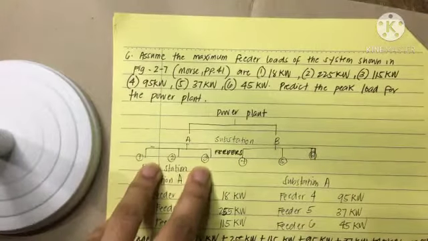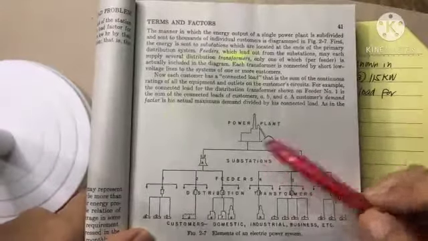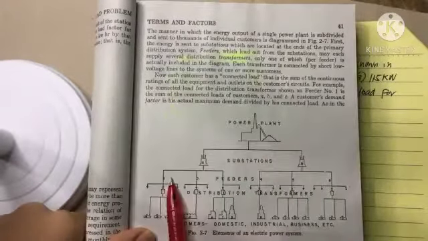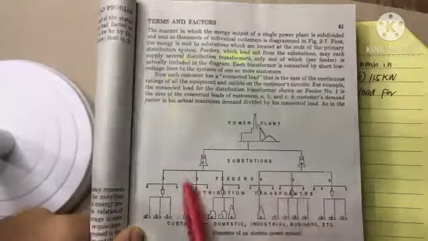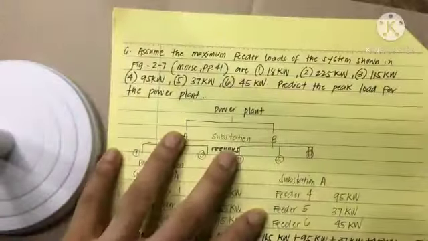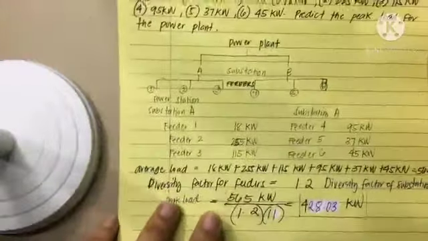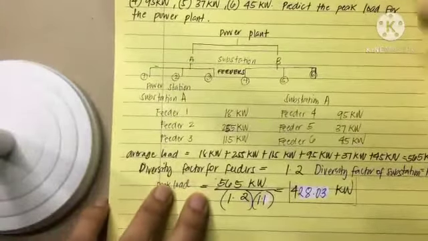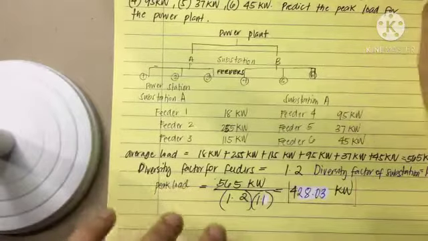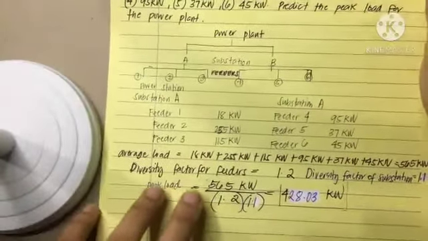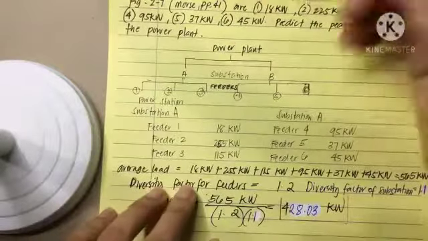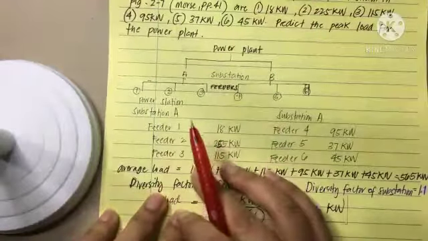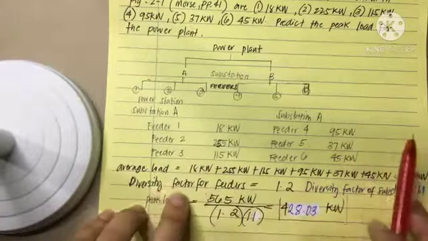From the figure in the book, we have the power plant, substations A and B, and feeders 1, 2, 3, 4, 5, 6. Given the values assigned to the feeders, in order to solve the peak load, first we're going to get the average load of all your feeders.